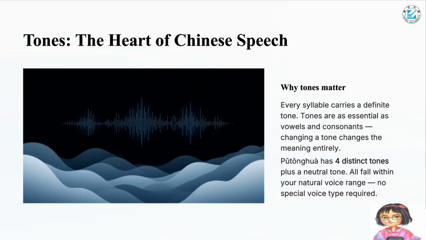Okay, so in terms of the tone, that is the core or say the heart of Chinese language. It is a bit like music, a bit like singing. And each tone will have its characteristics. And also we have 4 very different tones. And then each sound will definitely have a tone.